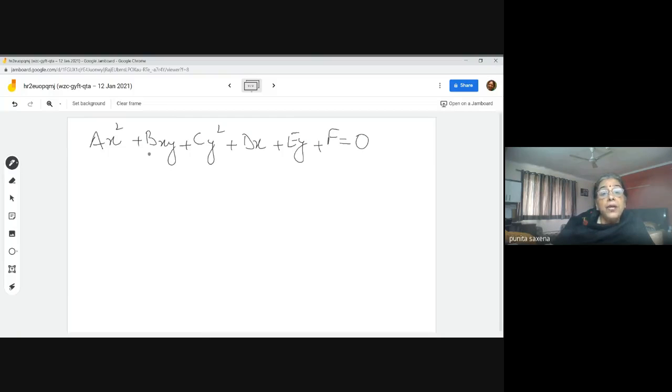What I am trying to say here is, forget about the standard equations now. Just compare this equation and the three equations that we did by completing the squares. In those three equations, did you have a term containing x and y both?